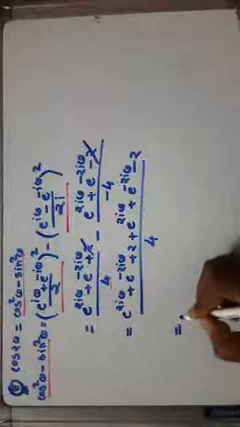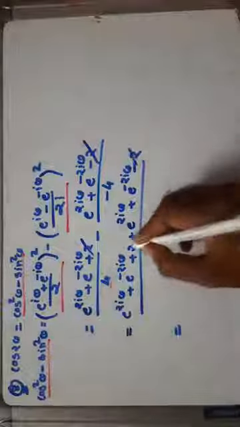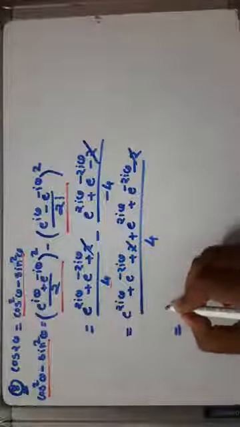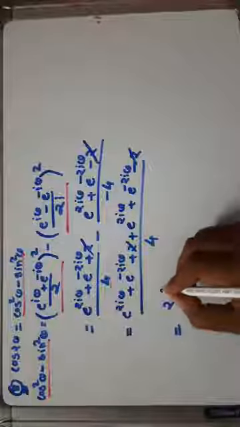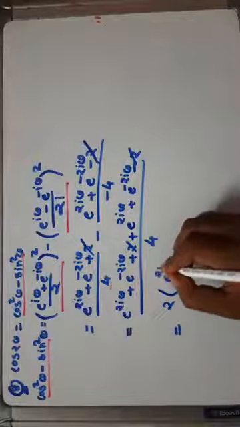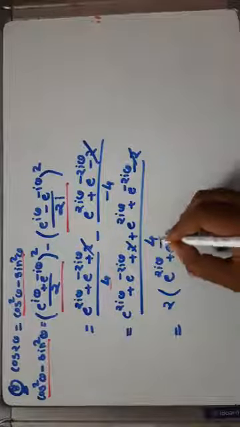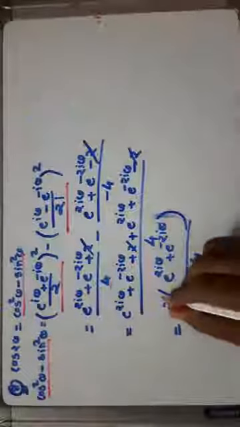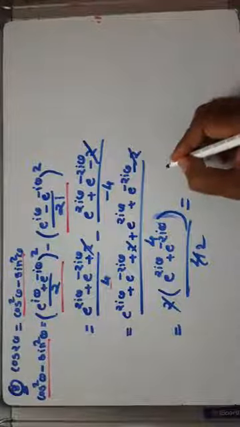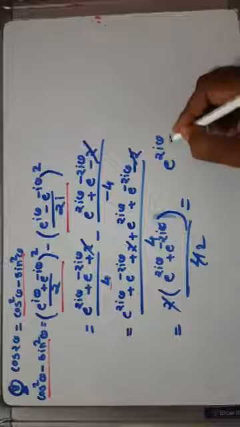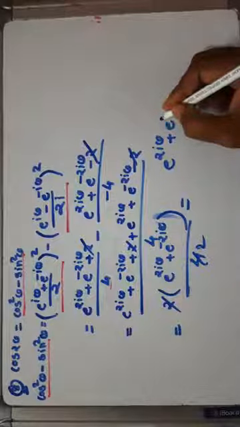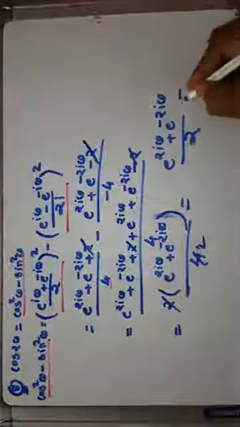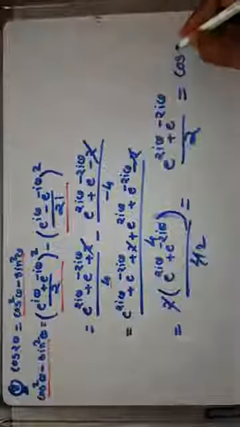That means this gets cancelled, these are all 2 times, then 2 times e raised to 2i theta plus e raised to minus 2i theta, right, divided by 4. 2 to the 4, that means e raised to 2i theta plus e raised to minus 2i theta divided by 2, and this means cos 2 theta.